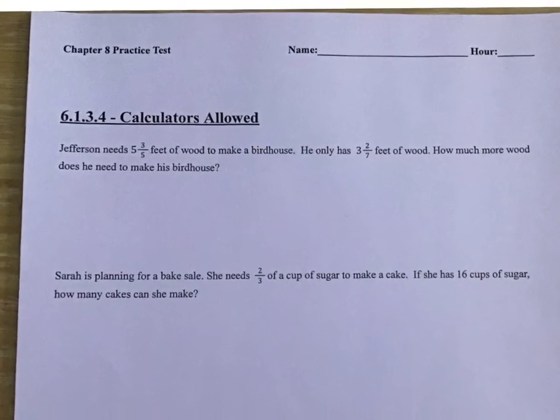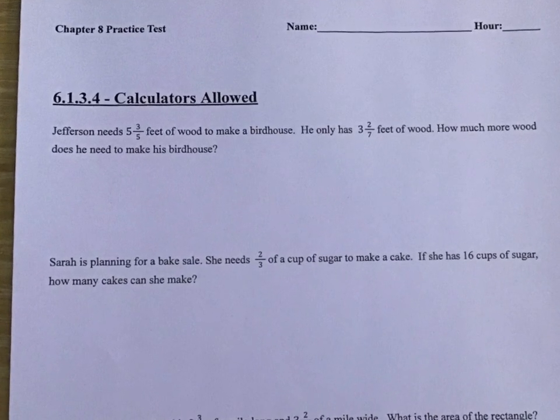Okay, I'm going to zoom in onto this first problem. It says Jefferson needs 5 3/5 feet of wood to make a birdhouse. He only has 3 2/7 feet of wood. How much more wood does he need to make his birdhouse? That is a subtraction problem because he needs this much, and he only has this much.